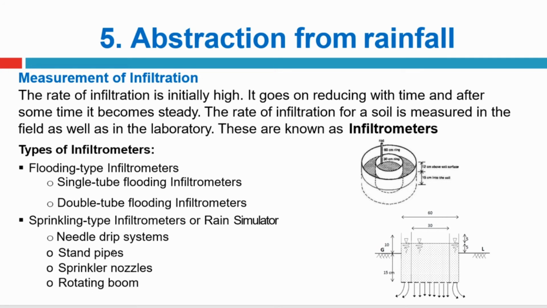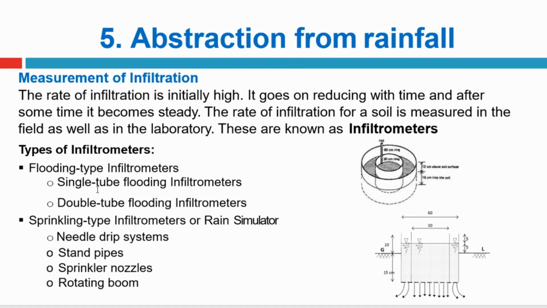In your syllabus they have not told you to study all of these methods, but for your information I'm telling you these methods exist. They create an artificial rain using sprinklers, and then they determine how much infiltration is taking place on that given area.